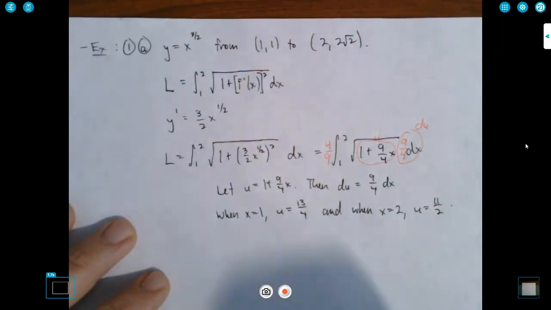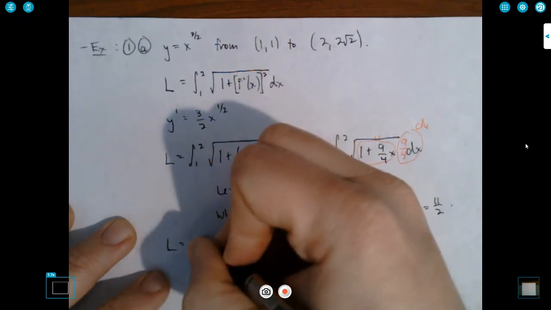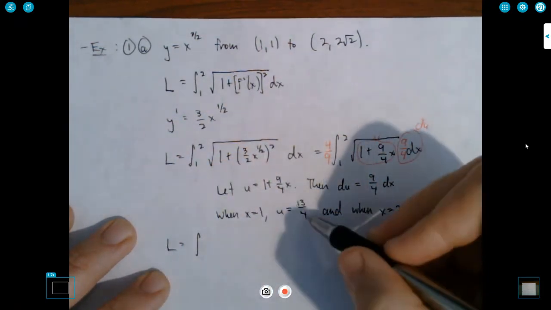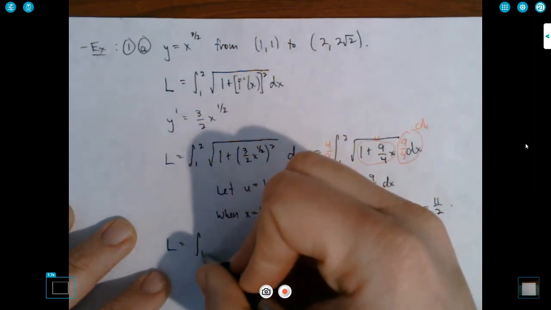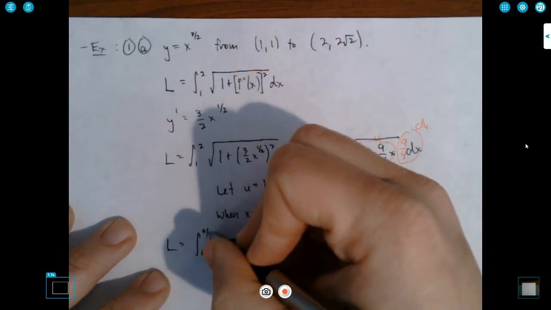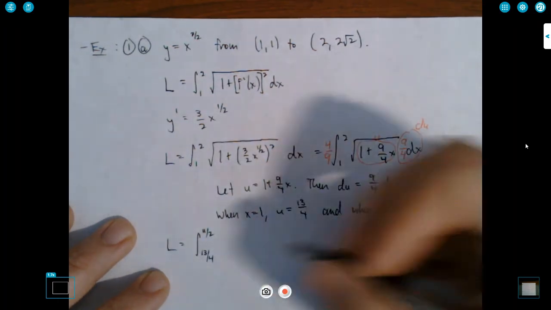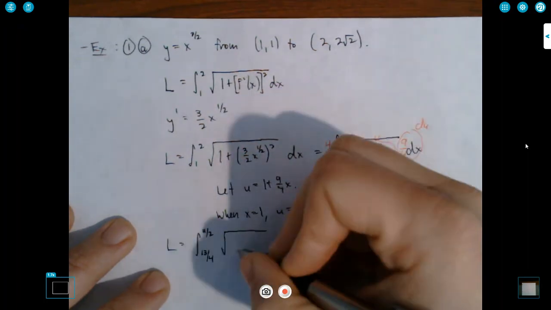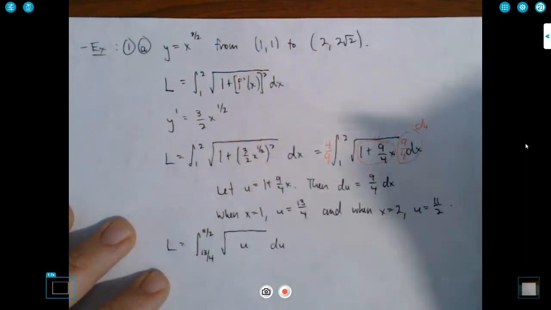Okay, so now we can make the replacements. So we can say L equals the integral, now we're doing everything in terms of u, so it's going to be the integral from 13/4 to 11/2 of the square root of u du.